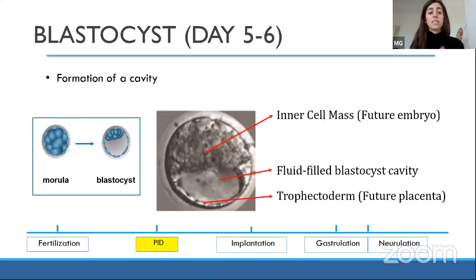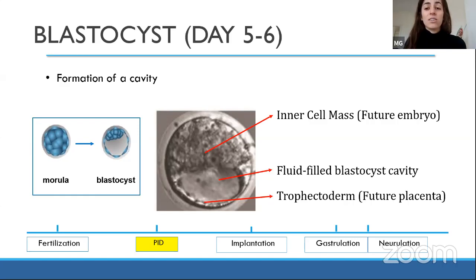Okay, so on day 5, they change to a blastocyst, day 5 to 6. So a blastocyst is when there's a formation of a cavity, right? It's a fluid-filled cavity, called the blastocyst cavity, or there are different names for it. And it shows the first big differentiation in cells.